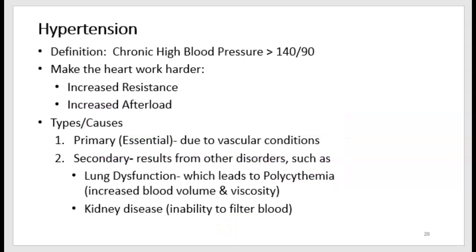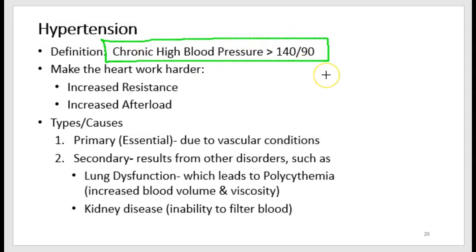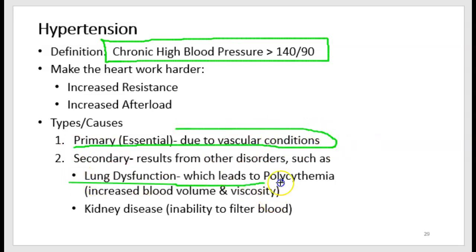Okay, now hypertension, let's define it. Hypertension is defined as chronic high blood pressure. And the numeric value of that is 140 systolic over 90 diastolic. And this can be due to vascular conditions that we've already talked about. It can be due to lung dysfunction, which leads to polycythemia, so more viscous blood.